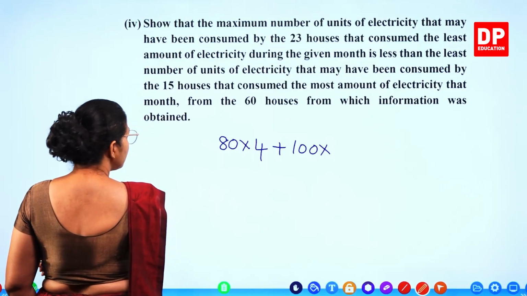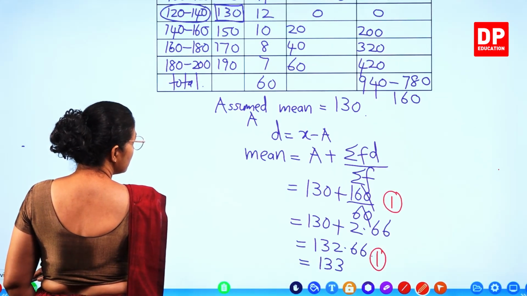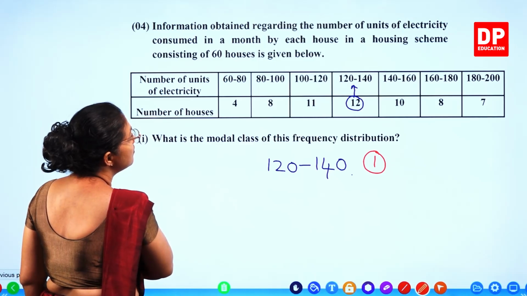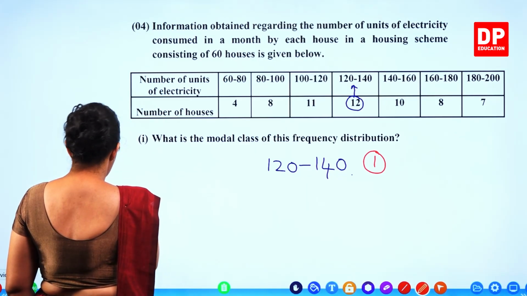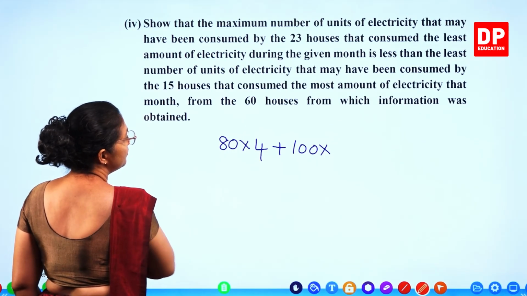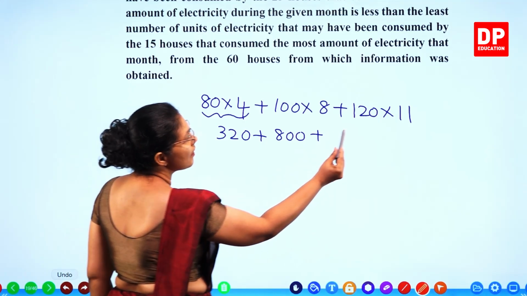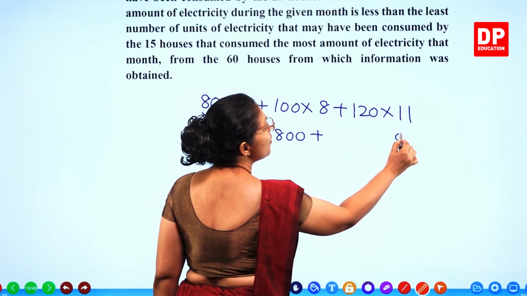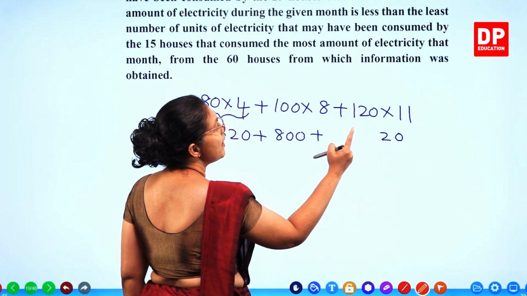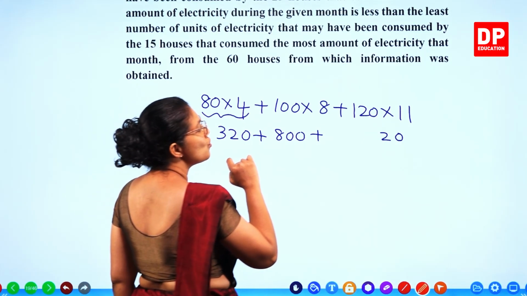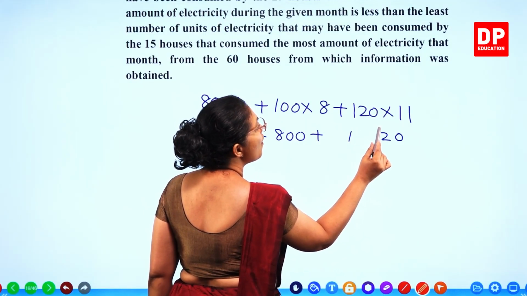Hundred times 8, 120 times 11. Altogether how many? 320, 800. So here 11 times this, 0, 2, 2 remaining, 11 times 1, 11 plus 2, 13.